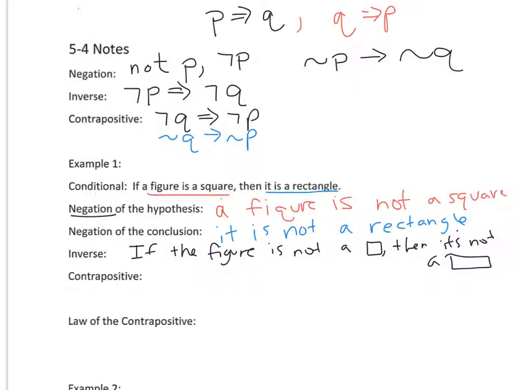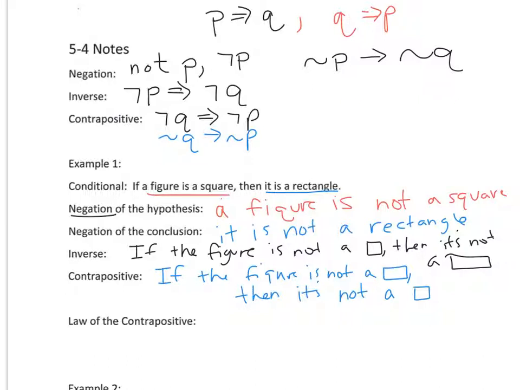So if the figure is not a rectangle, then it's not a square. What I remember is the contrapositive is the longest word, so it makes the most complicated thing.